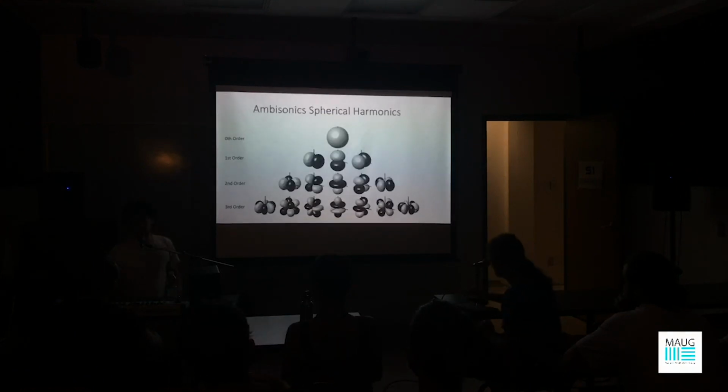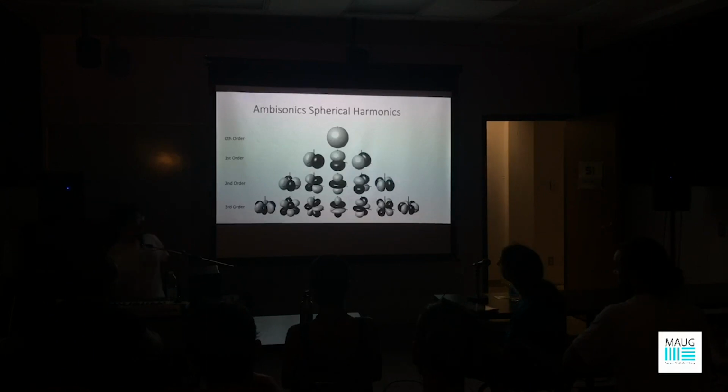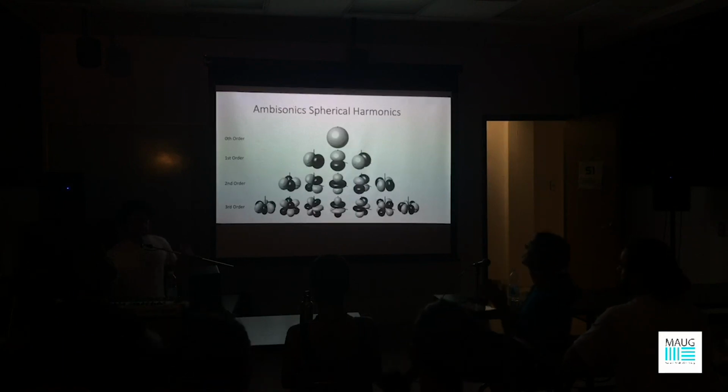Very quickly, there's a lot of interesting math behind Ambisonics for those of you that are interested in diving into that. The way the signals work is that it's a combination of these harmonics, and you can add different harmonics, add channels, and also add spatial fidelity.